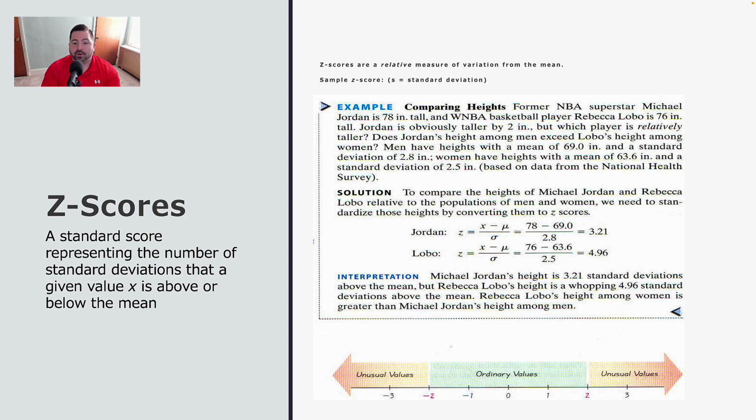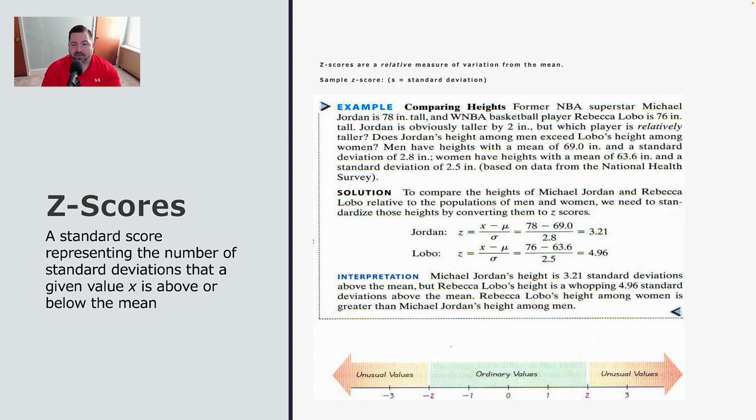So in this example where we're comparing heights, it says former NBA superstar Michael Jordan is 78 inches tall, and WNBA basketball player Rebecca Lobo is 76 inches tall. Jordan is obviously taller by 2 inches, but which player is relatively taller? Does Jordan's height among men exceed Lobo's height among women?